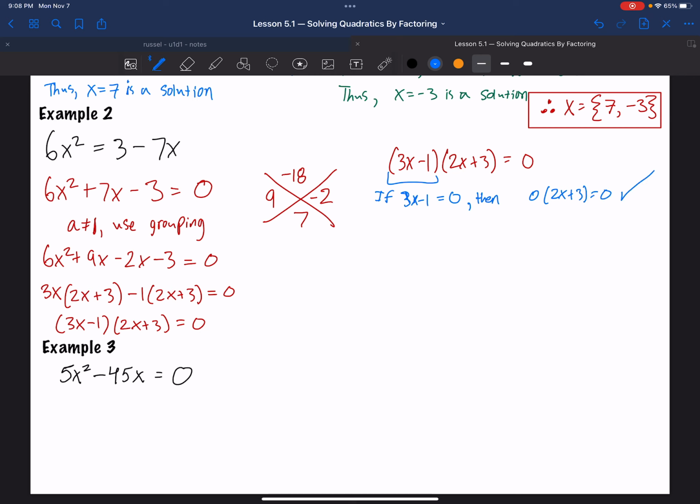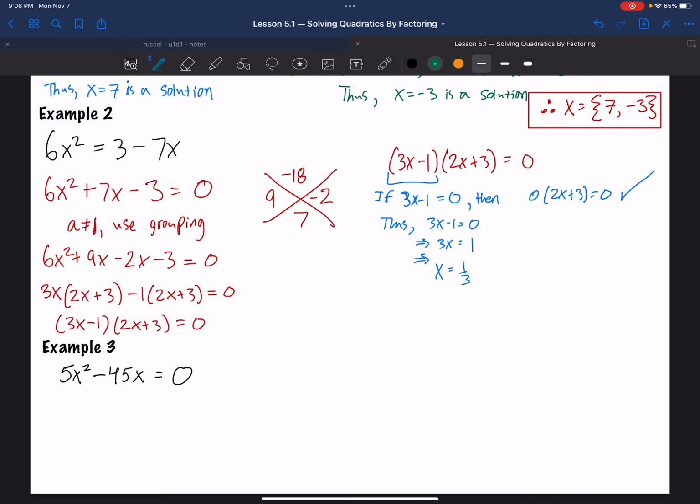Check, right? Thus, I have 3x minus 1 equals 0 implies if I add 1 to the other side, I get 3x equals 1, and this implies x equals 1/3.